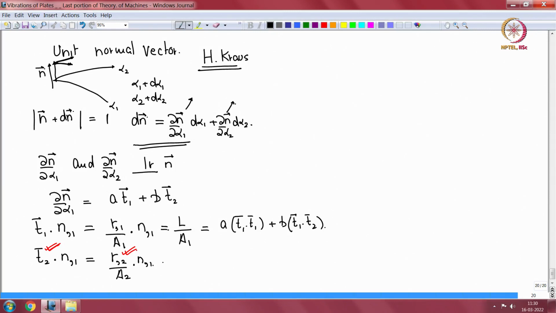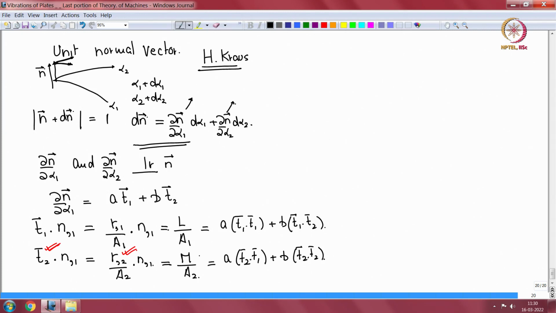Then this is equal to a part of M from our second fundamental form A2, which is equal to A times T2 bar dotted with T1 bar plus B times T2 bar dotted with T2 bar.